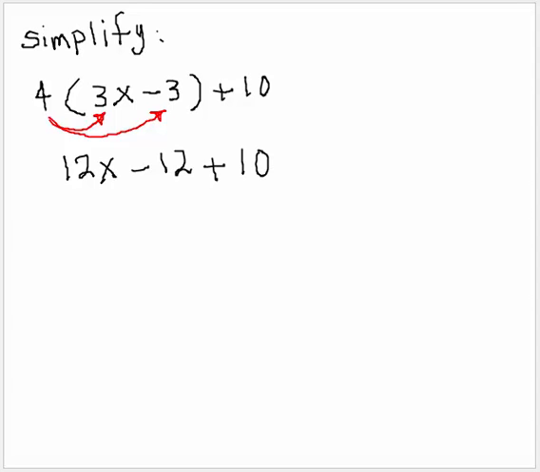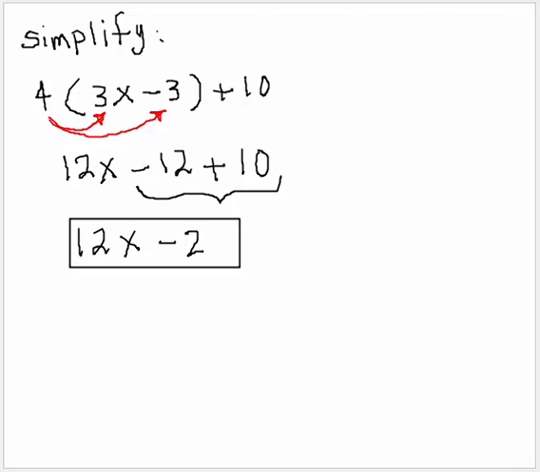Then combining like terms, minus 12 plus 10 would be minus 2, and that's how you would simplify this one. So for this example, this would be how you simplify it. If you can understand this concept, can I see a check mark next to your name, everyone? And then we're going to look at the actual one that is posted also.